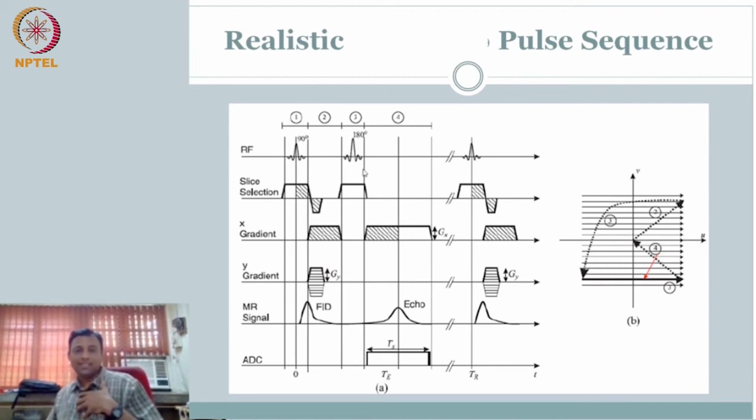Therefore this echo is a spin echo. Everything else is the same, right? A realistic spin echo pulse sequence. I hope you will do the same exercise of seeing how 1, 2, 3, how you go here. Do you understand your travel path? This is something that you need to repeatedly do to get your own appreciation.